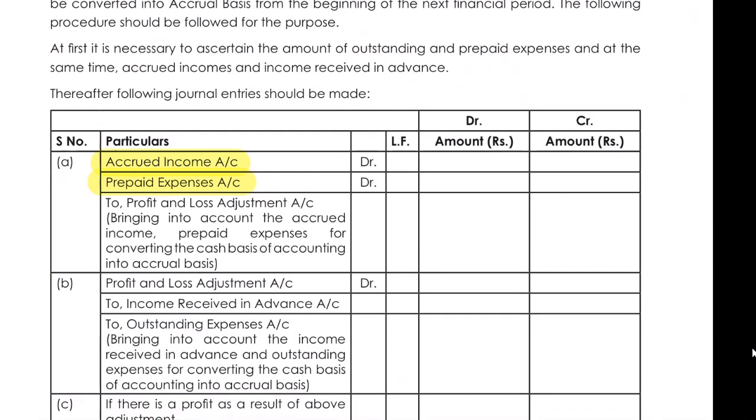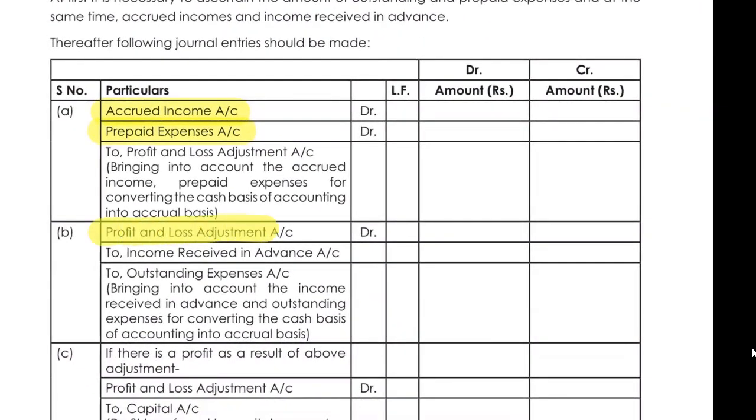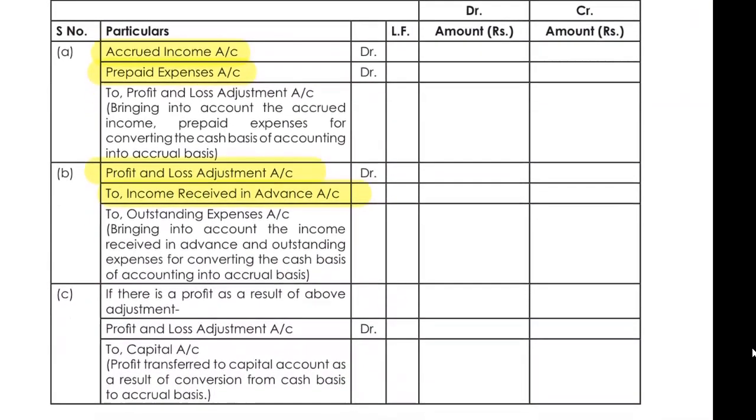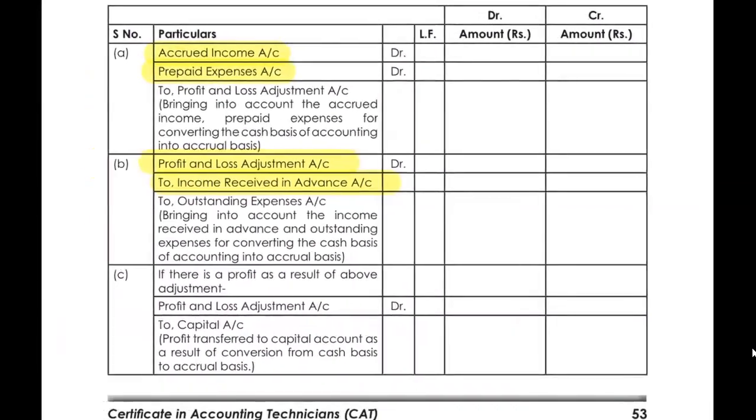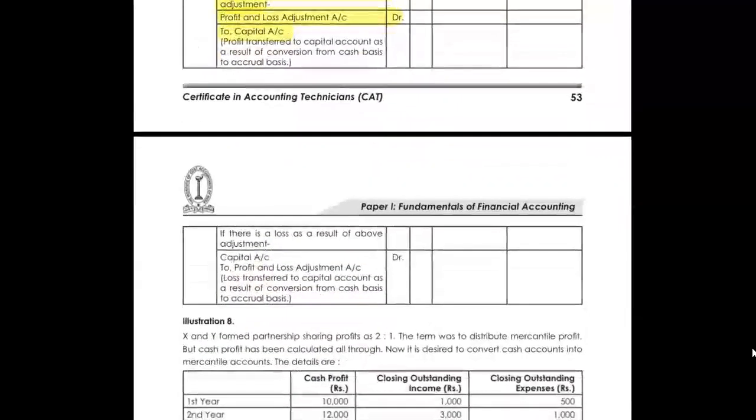Then we have to adjust that. And then we have the P&L adjustment account and income received in advance. So we prepare the P&L adjustment account to get the correct effect of every profit and loss. So if there is a profit or loss on the above adjustment, the P&L adjustment account would be adjusted from the capital account. So what is mentioned, I'm not understanding it clearly.